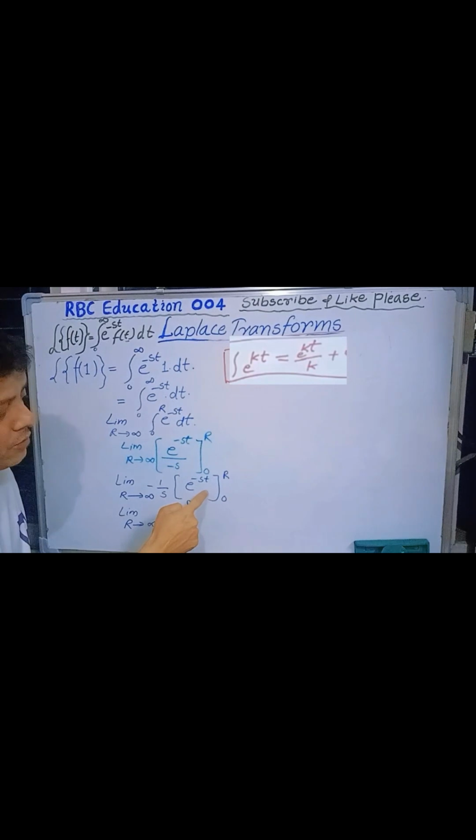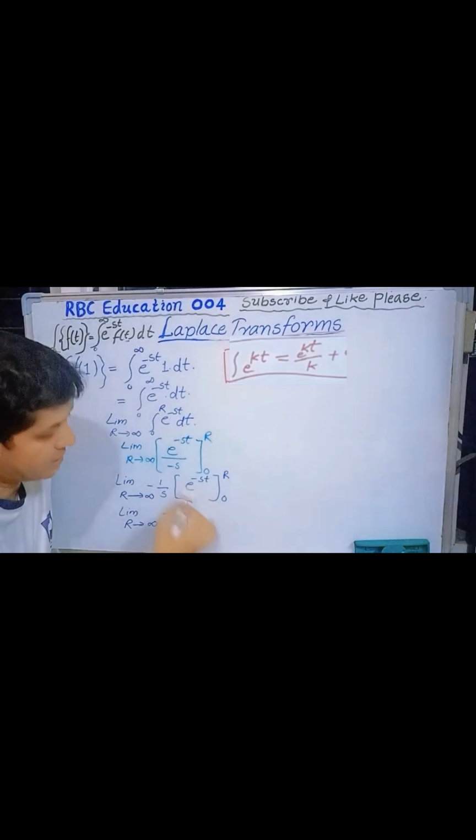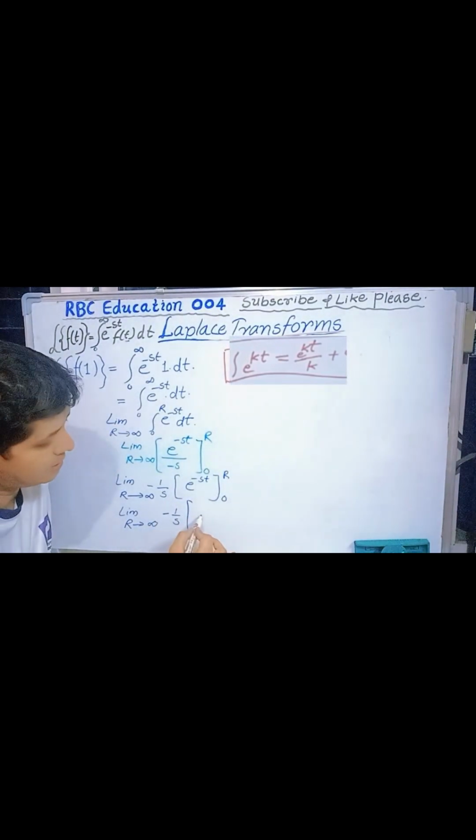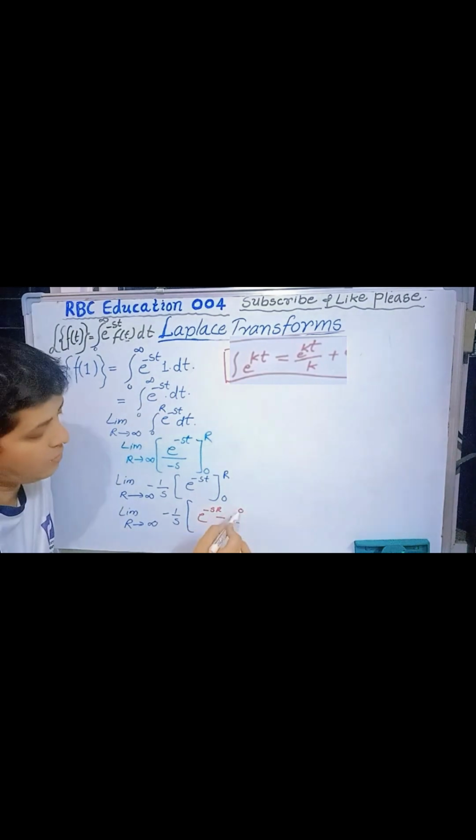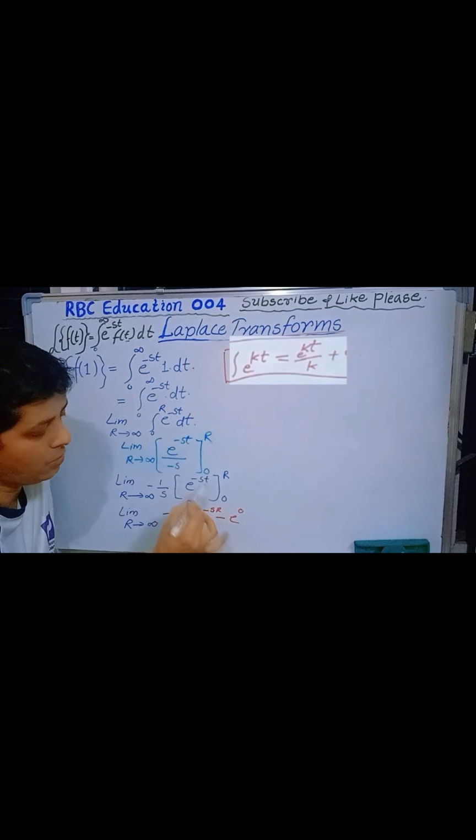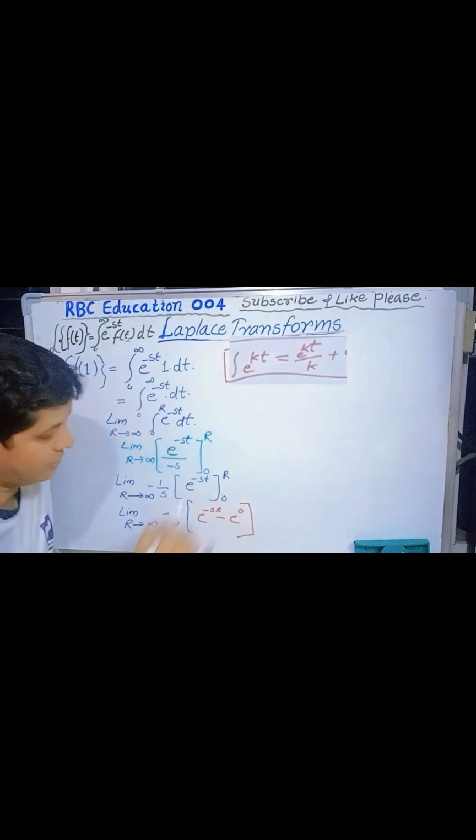So let's use the formula here, and we get e to the power of minus sr, minus e to the power of 0. Why is it 0? Because s times t, with t being 0, becomes 0. So now we remove r and 0.